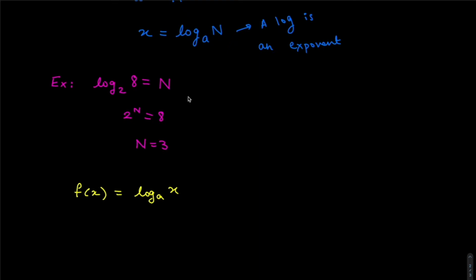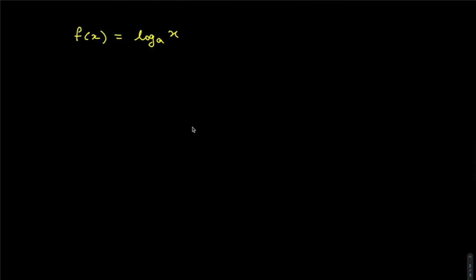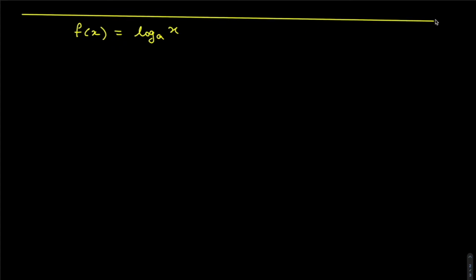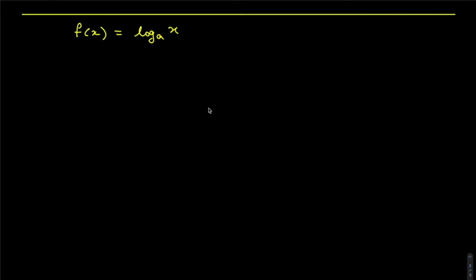Whenever we have x as the exponent, we're trying to determine the value of x, and the only way we can do that is by using the log function. It's basically undoing the exponent, if you want to think about it that way. Now that we have discussed the general form of the function, let's look at some details.